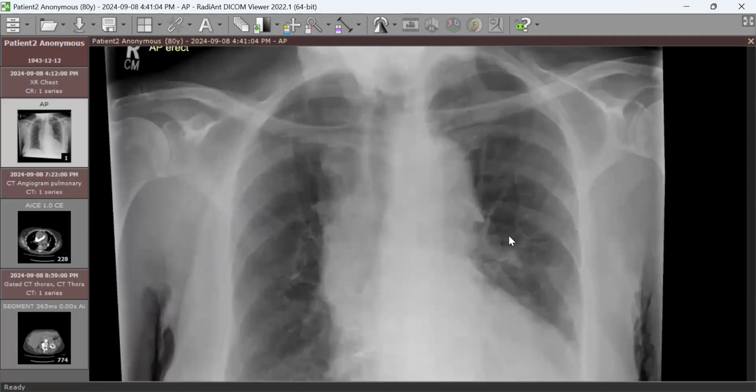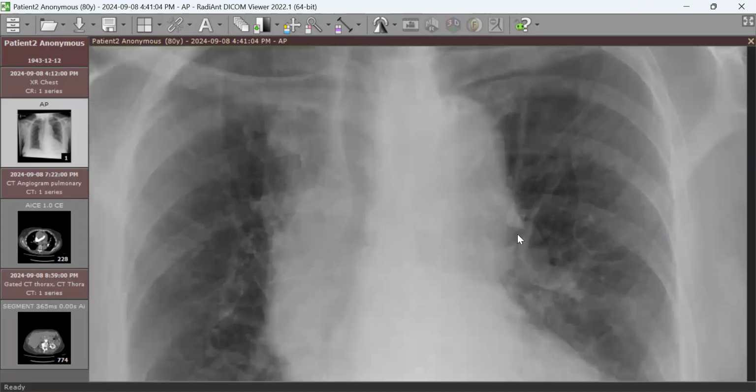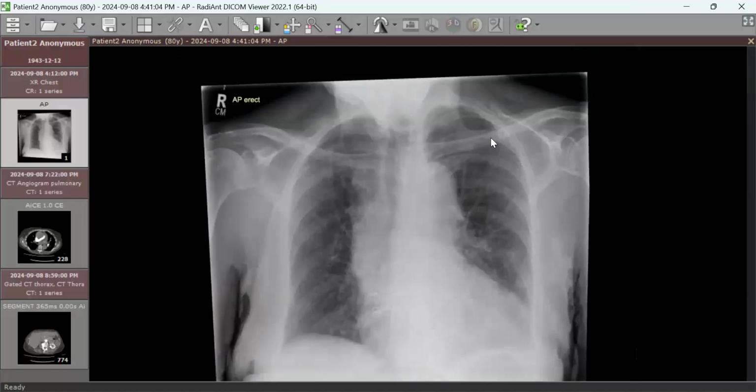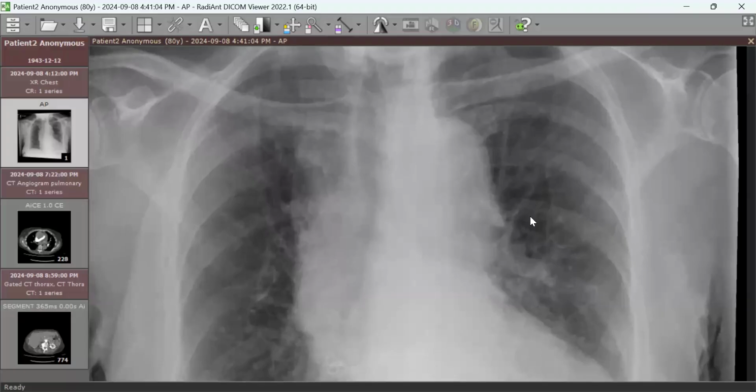Large aortic knuckle. Possible. Can you see this line here? Yes. What's that? Calcification? Yeah, it could be intimal calcification, right? Yes. But the opacity goes beyond it, lateral to it.